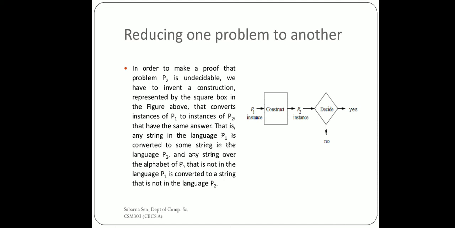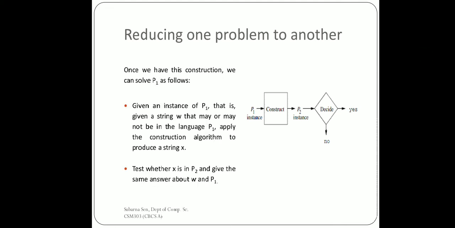When we feed that mapped instance to this diamond box, the decider, it will act accordingly. So the conversion is fine, that means it is working in a correct fashion.